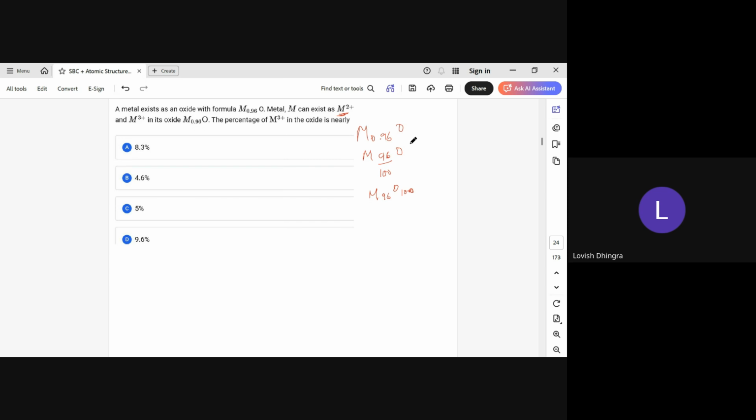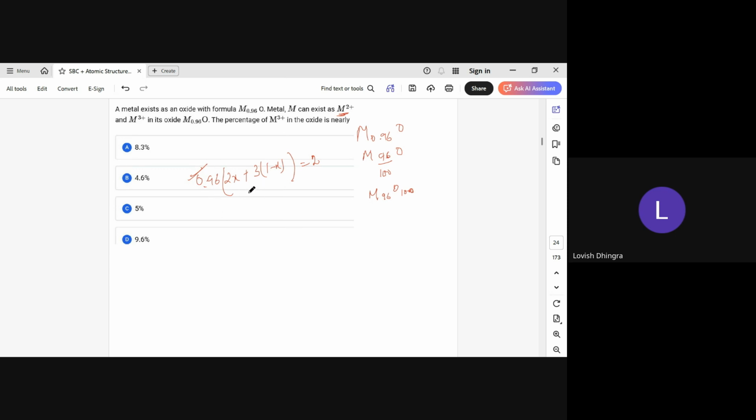If you directly get the mole fraction, then the percentage is easier. Got it. That is also fine. You are saying 0.96 into 2x plus 3 times (1 minus x), and that is equal to 2, right? Yes, sir.